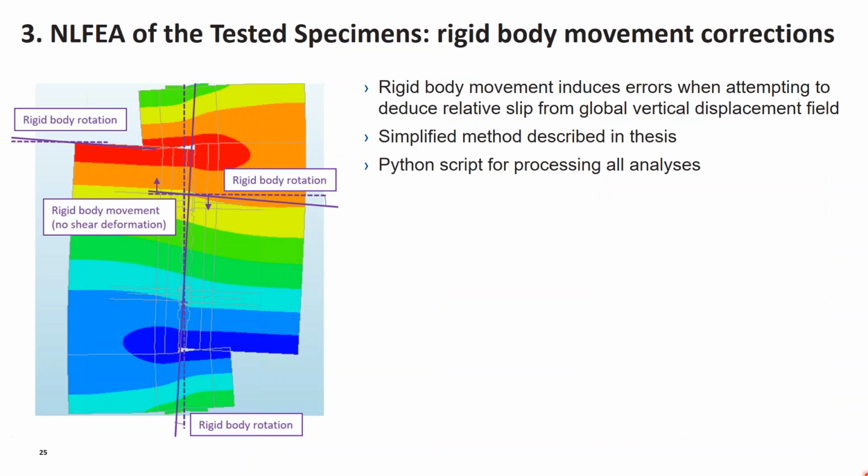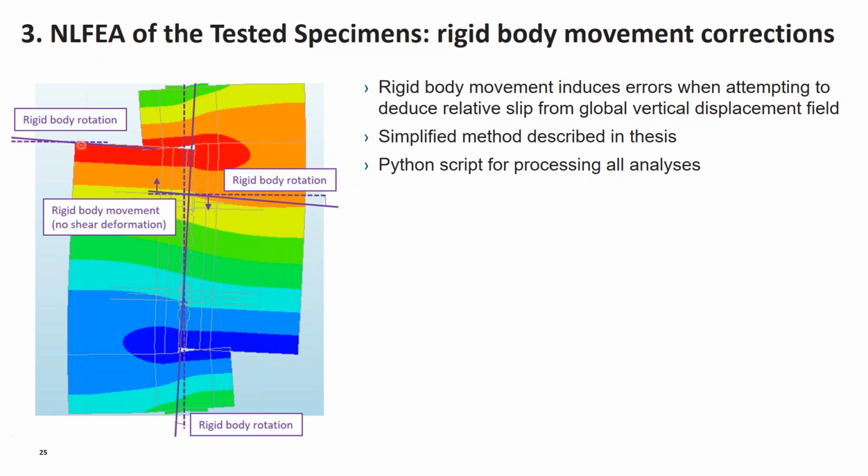And when we had the results, we had to address the same issues that were addressed during experimental measurements. We had rigid body displacements that are caused by the corbels deformation, and this rigid body displacement has an impact on the global measurements, on the global displacements.